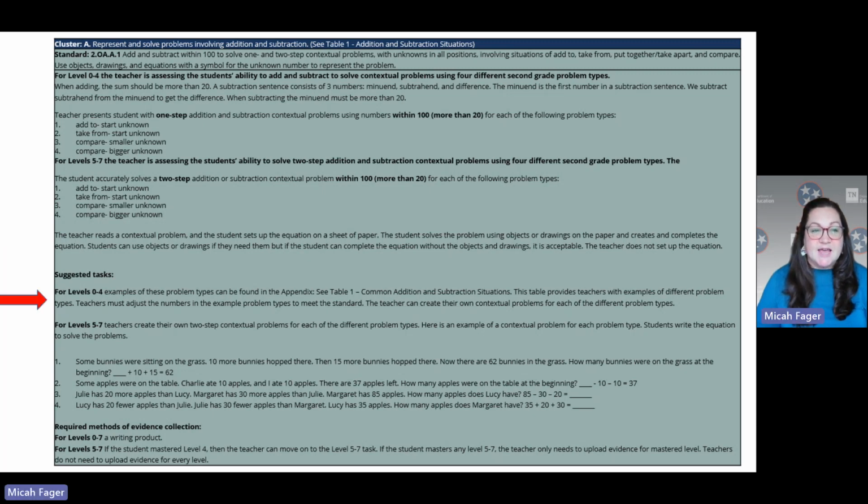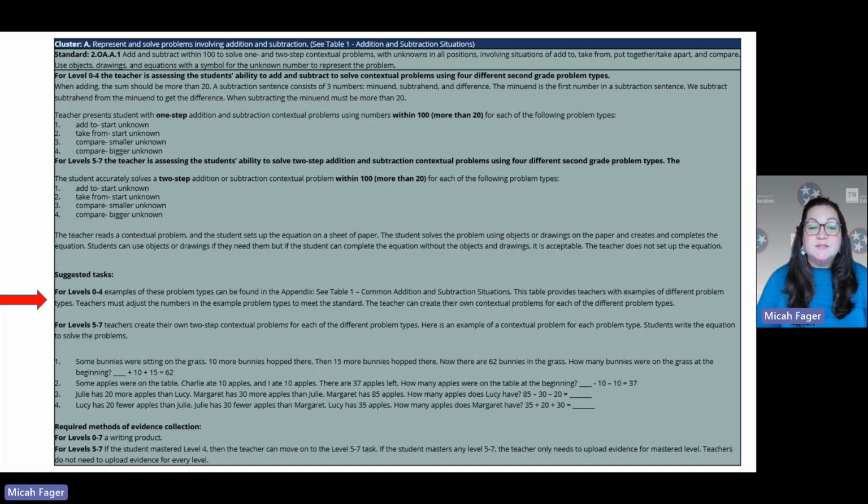Under the suggested task portions for levels 0 through 4, you will find examples of problem types that can be found in the appendix of our rubric, and you will see Table 1. There are common addition and subtraction situations. This table provides teachers with examples of different problem types.